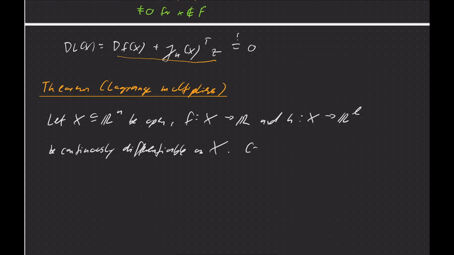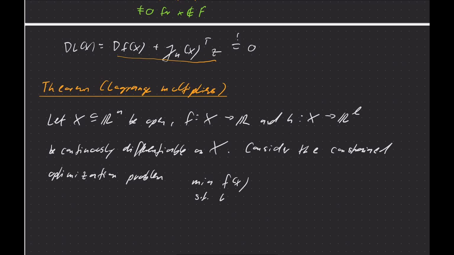Okay, and then we consider the constrained optimization problem as above. The problem is: minimize f of x subject to h of x equals 0.